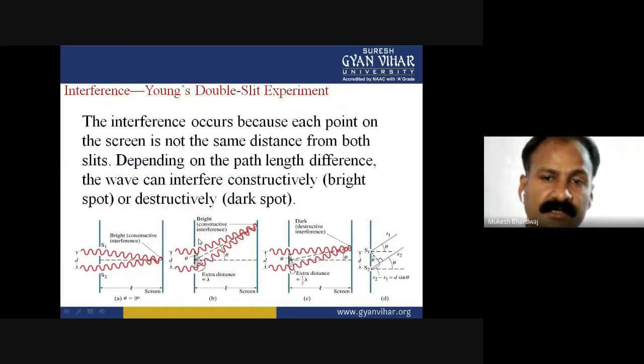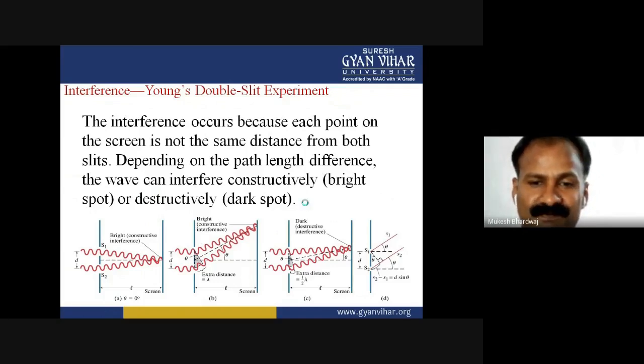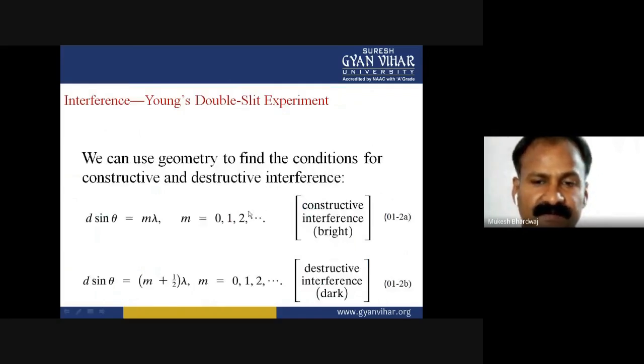The interference occurs because each point on the screen is not at the same distance from both the slits. Depending on the path length difference, the waves can interfere constructively, giving bright spots, or destructively, giving dark spots. This is the physics, or the equation, related to the interference pattern, constructive and destructive interference, depending upon their phase and frequency.